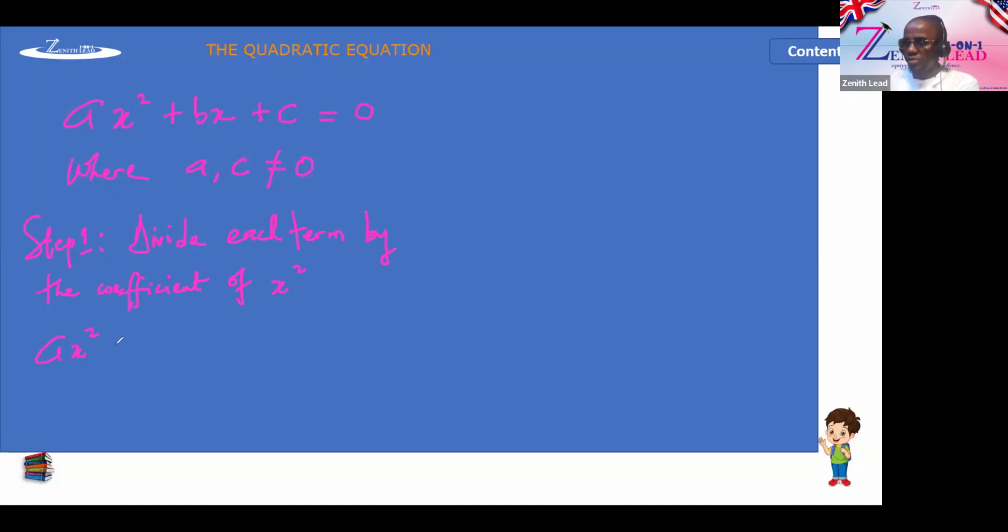So that gives us ax squared plus bx plus c equals 0, divided by a all through. This gives us x squared plus b over a x plus c over a equals 0.